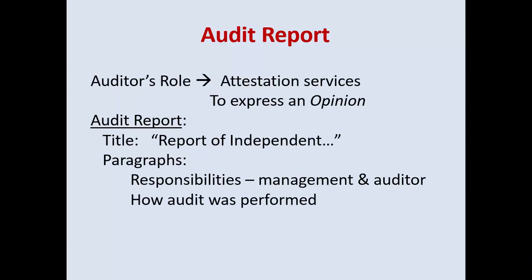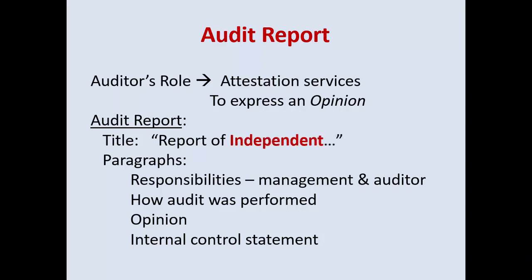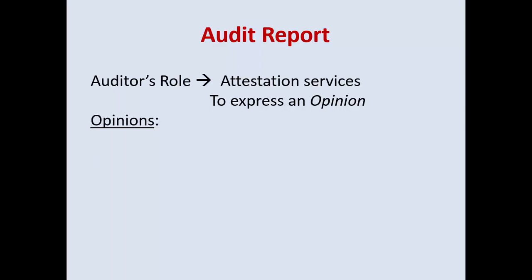There is a template that auditors use. It shows the order of how things are presented on the statement. And when you review the examples in your text, you will see that. The key is auditors must be independent of the company, or they're not objective.